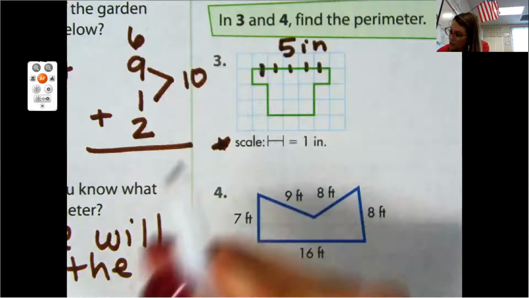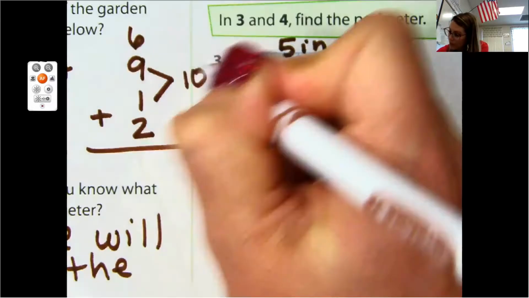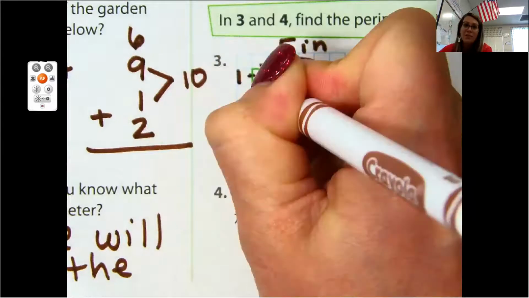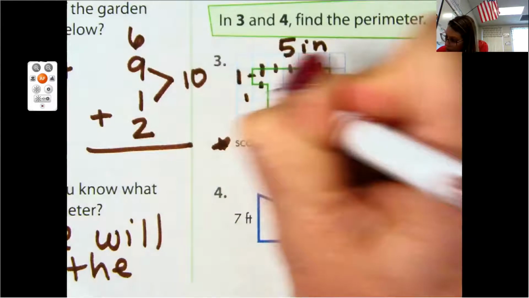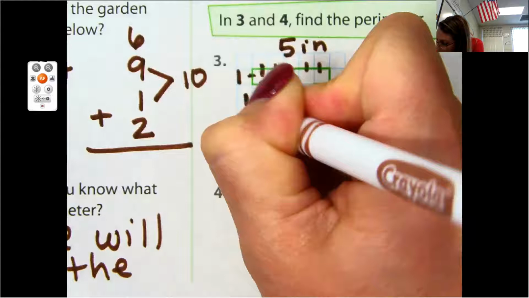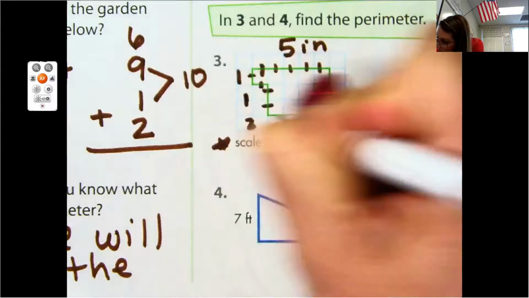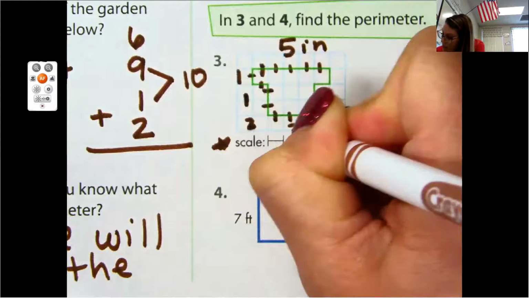And then look over here, we just have 1. And right here, we just have 1. Over here, let's count 1, 2. Over here, let's count 1, 2, 3.